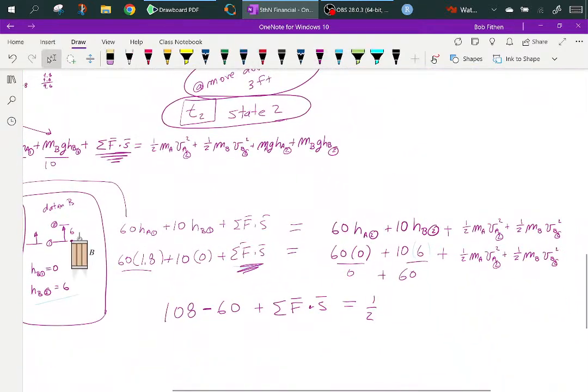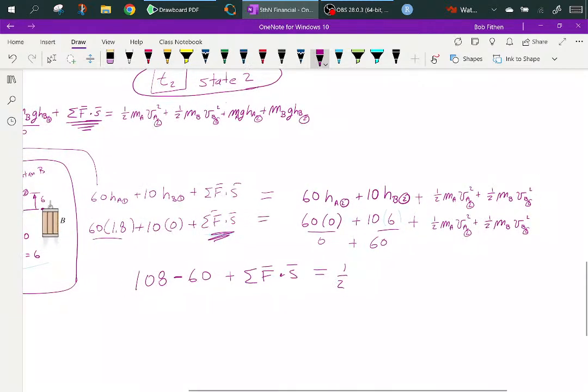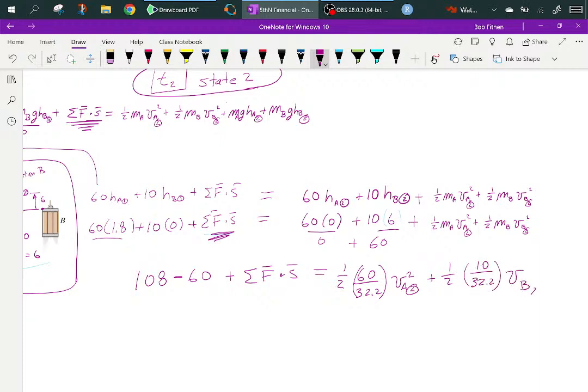So you run down here. Okay, so I'm looking at A. Gosh, I've already forgot. Which one was A? Is it the heavy one? It was the heavy one. 60 over 32.2 times VA squared, plus 1/2 times 10 over 32.2 times VB squared.